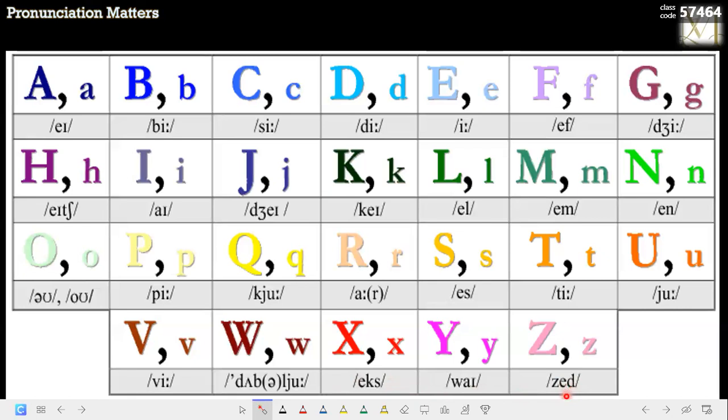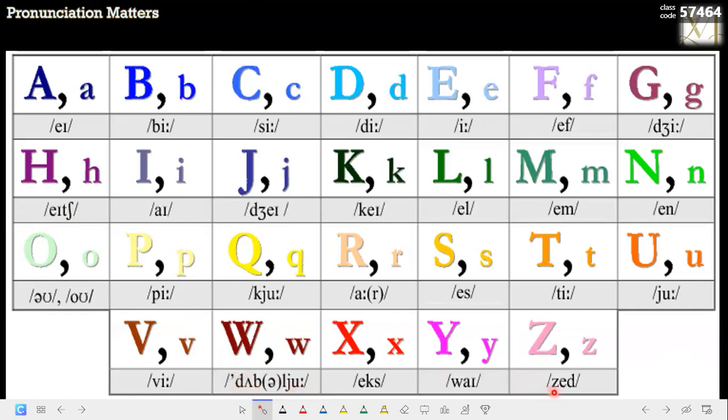What happens when some learners mispronounce some of these letters? Some people say H instead of saying H. So there is a big difference between the two ways of pronouncing. So we need to focus here on the pronunciation of the letter H, okay? And the letter W, okay?